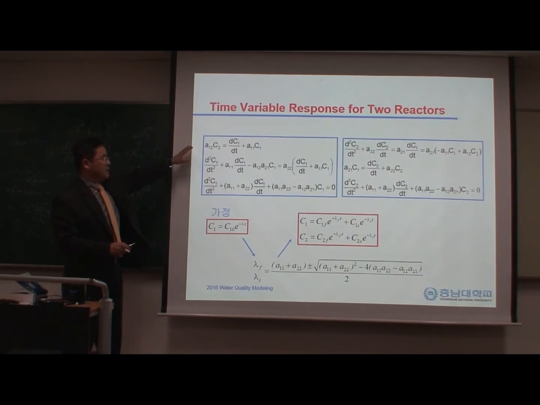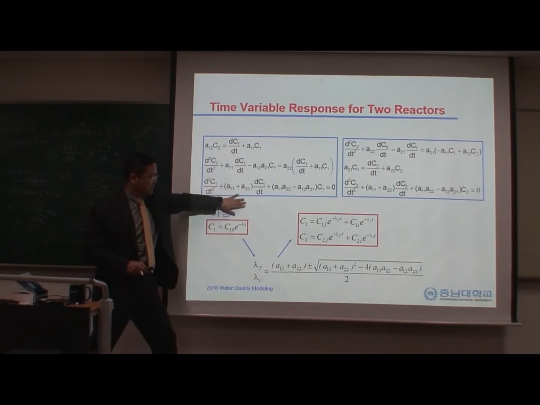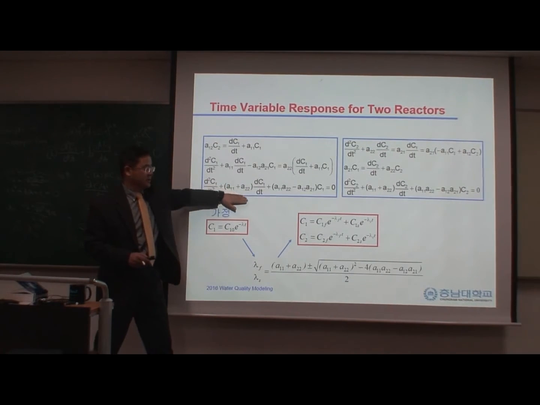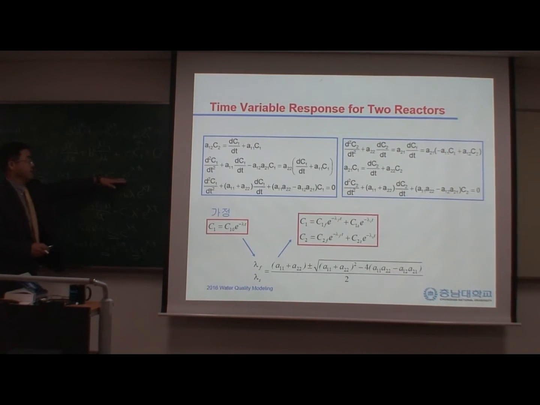One question is, how did we come up with this kind of a situation, and from here, how do we come up with this kind of situation? I think you understood this one easily because we just assumed this one is a function of kind of exponential function. If you have this, the only thing you have to know is lambda.